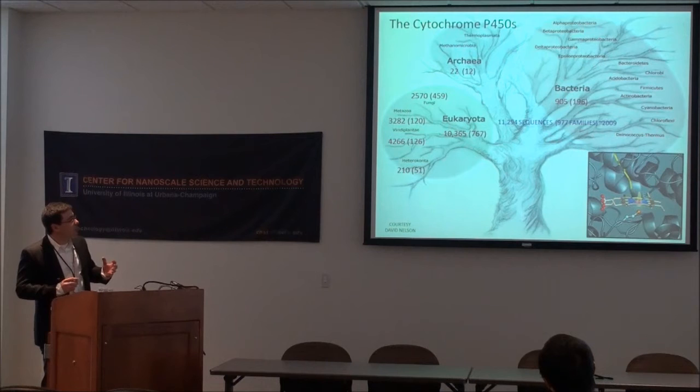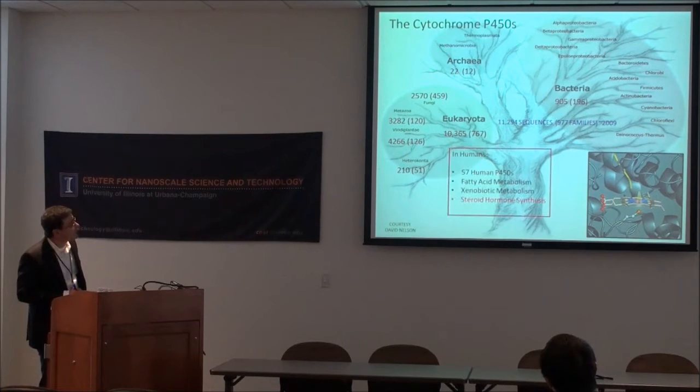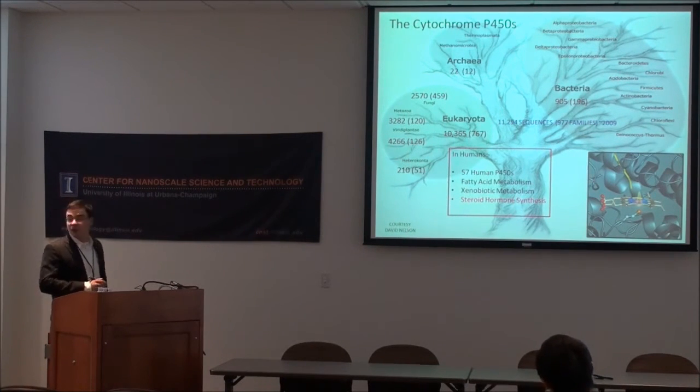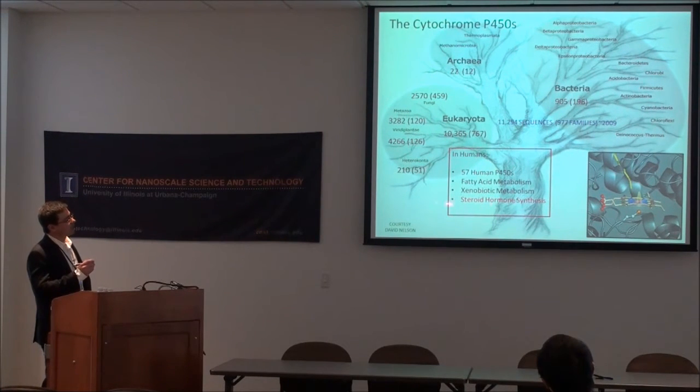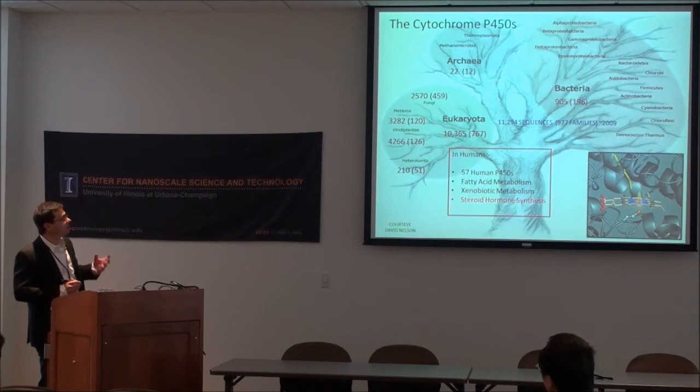They share a similar protein fold, and the key to their interesting catalysis is this heme located in the active site with a cysteine proximal ligand. We humans have 57 of them. They do lots of things, but most important to the medical community here is a role in xenobiotic metabolism. About 70% of drugs are worked on by a P450, and as you saw before, steroid hormone synthesis.